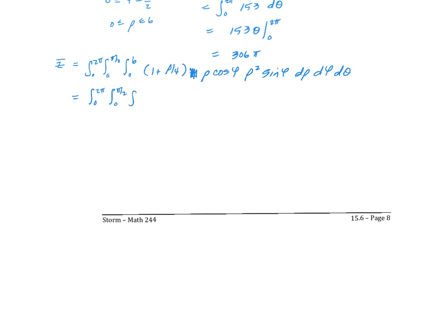Okay, I'm going to go ahead and distribute the rho times rho squared, so rho cubed. This is going to be rho cubed plus rho to the 4th over 4. And then on the outside I have cosine and sine of phi.